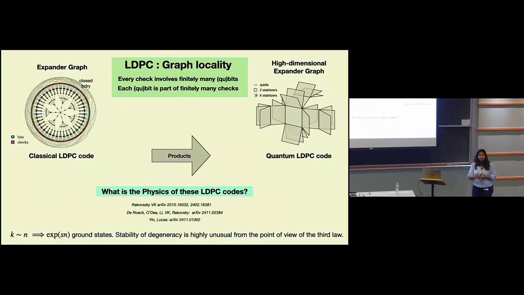So this ground state degeneracy is robust. This is also pretty unusual from the point of view of something like the third law of thermodynamics, because this is an extensive ground state entropy that's robust to perturbations. This lends credence to the idea that we should think of these models as genuine phases, because at least this property of gap and ground state degeneracy is stable to perturbations.